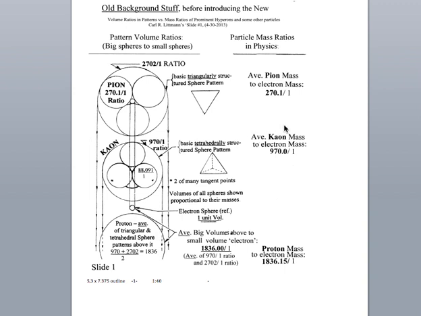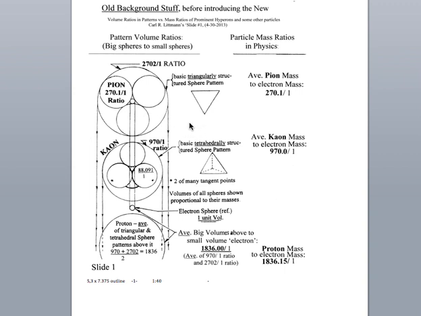And the one large sphere around the 3 medium-sized spheres compared to the small centered sphere, that is, the largest sphere to the smallest sphere, is a 2702 to 1 volume ratio. We'll say more about that later and other ratios also.